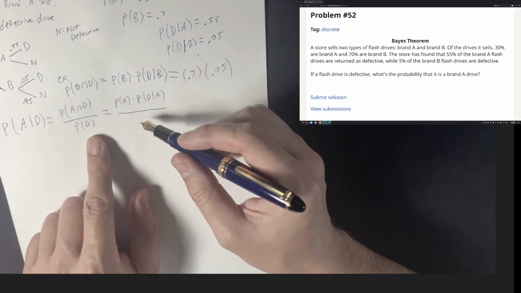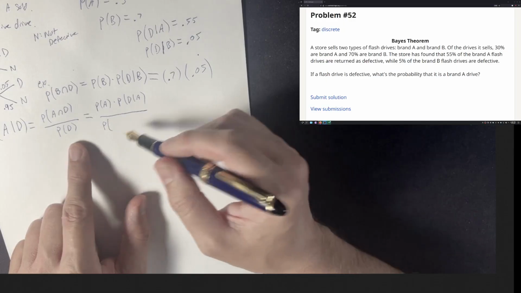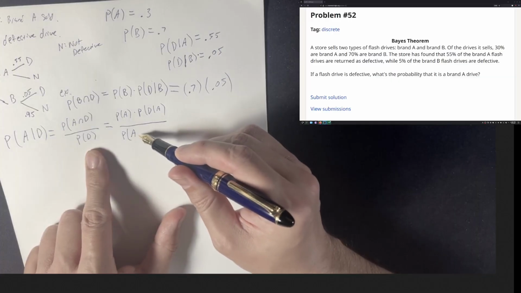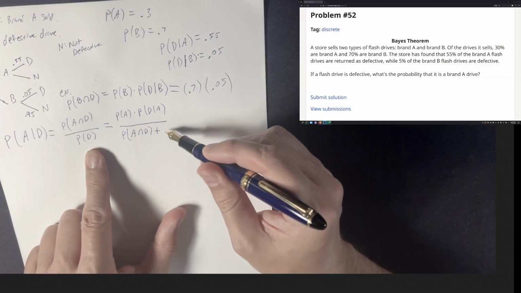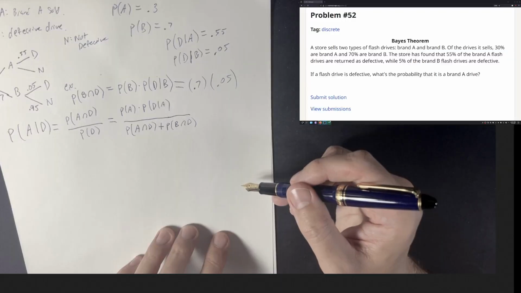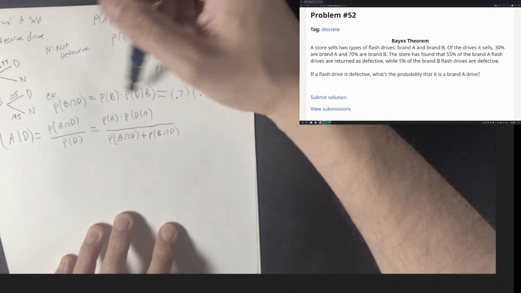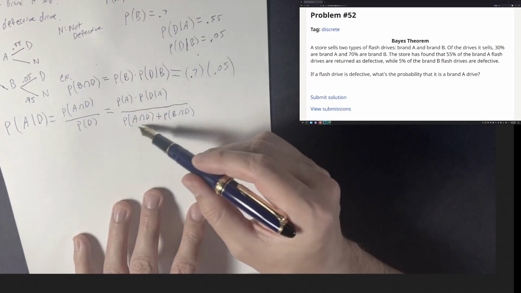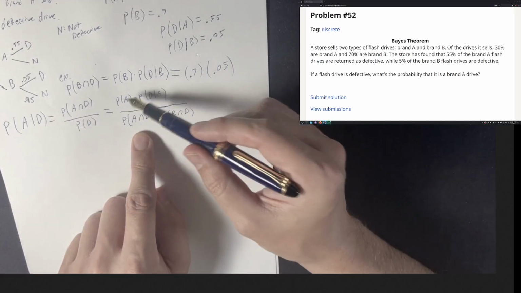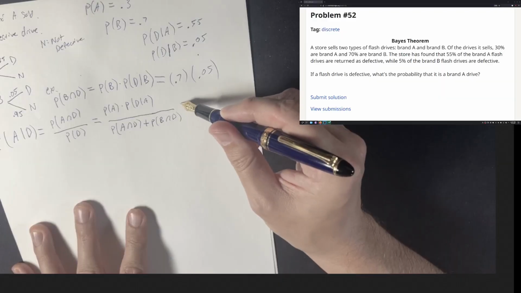So the denominator, let me do this slowly, if you're defective, that means you're either in A and you're defective, or you're in B and you're defective. And then one last step is just use the usual definition for the intersection that we just wrote here. Replace this intersection just like I did upstairs with this formula, A times D given A. And that's Bayes' theorem.